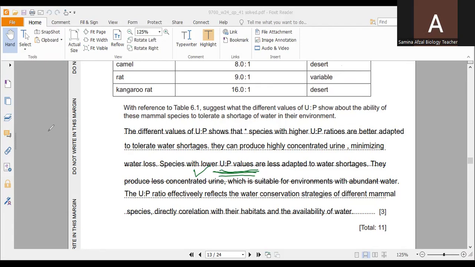So the UP ratios effectively reflect the water conservation strategies of different mammal species, directly correlated with their habitats and the availability of water. Their UP values depend on the habitats where they are living. They have to adapt according to that environment to stay alive. So in this way, it was all about questions number 5 and 6.